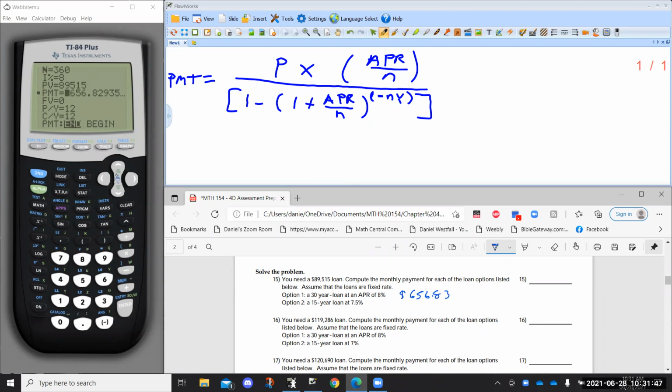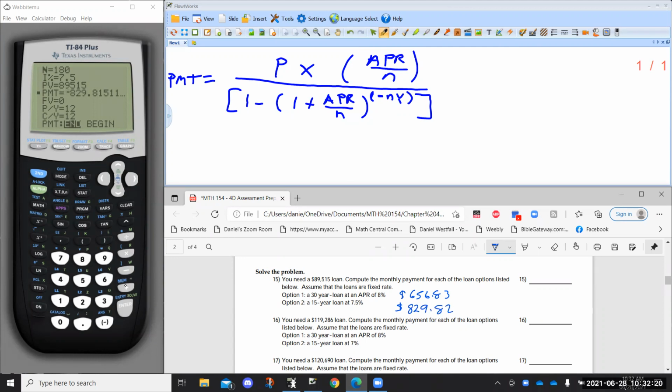Now, if we change the terms of that loan to pay it off instead in 15 years, and we have a slightly lower interest rate as well, then we should have a higher monthly payment. Trying to pay the loan off faster.